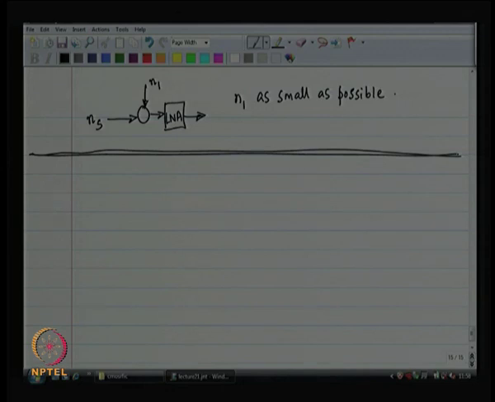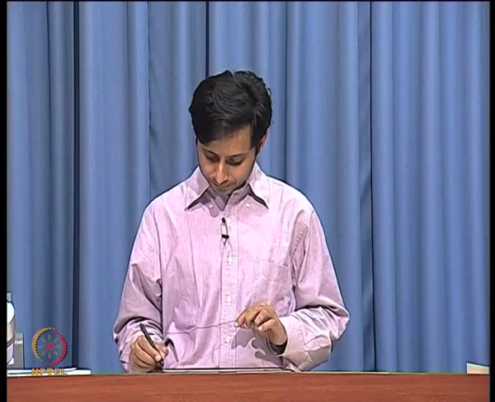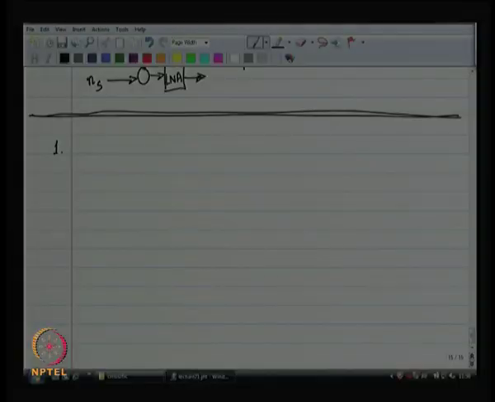So, with this as the background motivation, we are going to start talking about strategies to make a low noise amplifier. Before we start with the strategies, what are all the desirable characteristics of the low noise amplifier? Number 1, it should have a large gain.